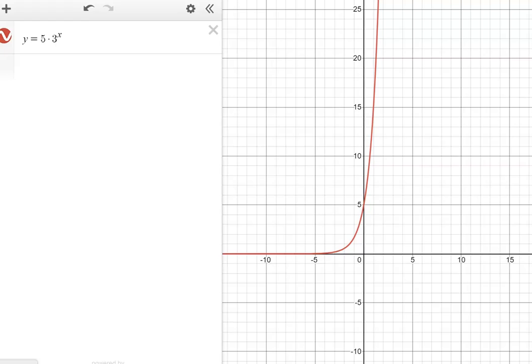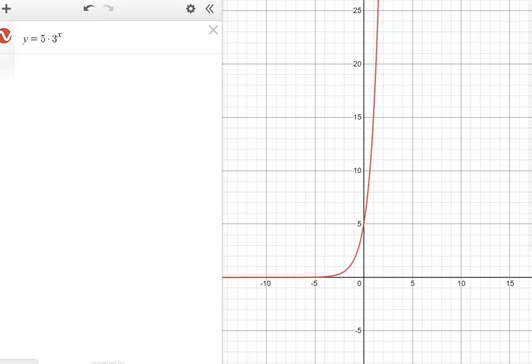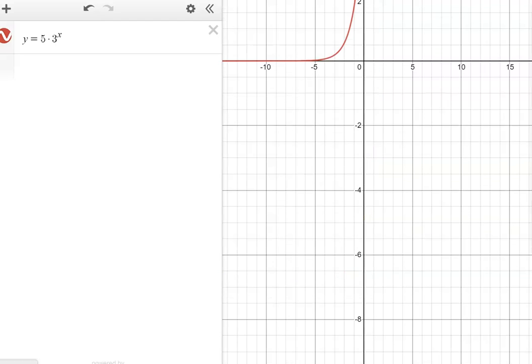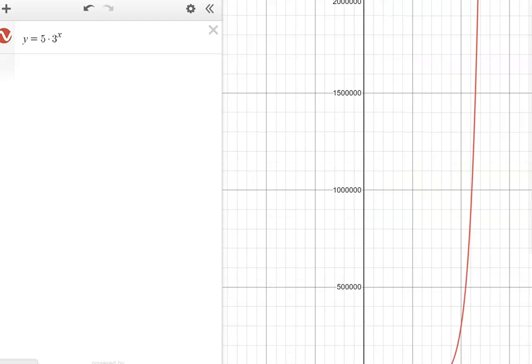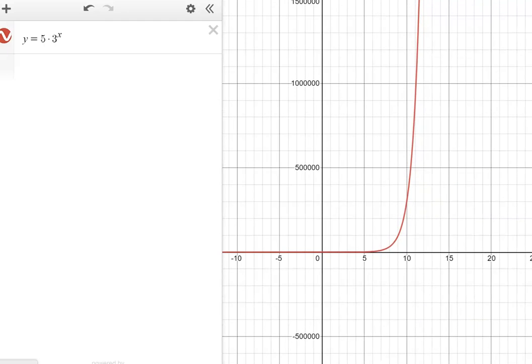Now the question is, how about 1 million spores? So we can change our y values. So here, as you can see, 1 million here, and if I click on this, look at your x value here, it's like 11 point something.